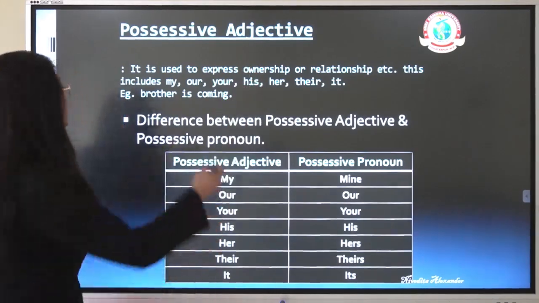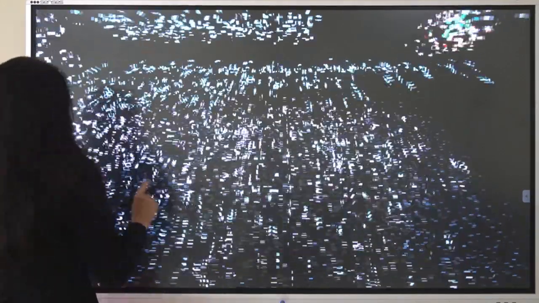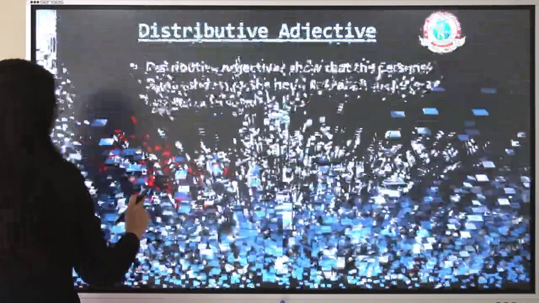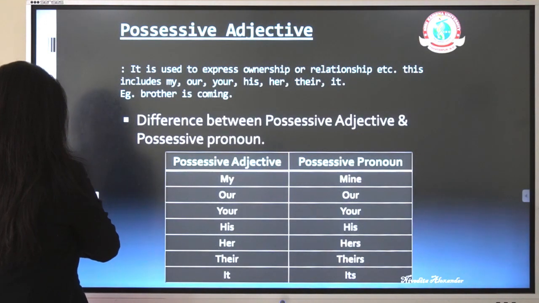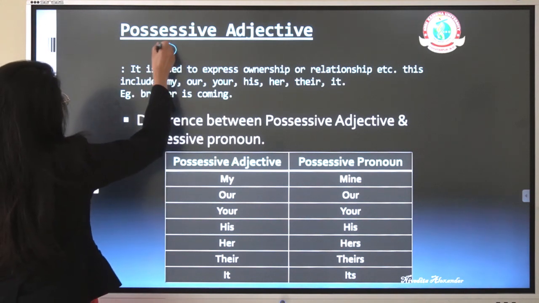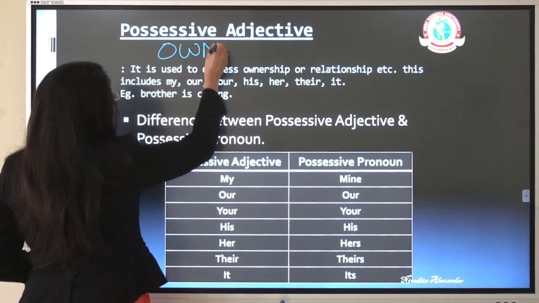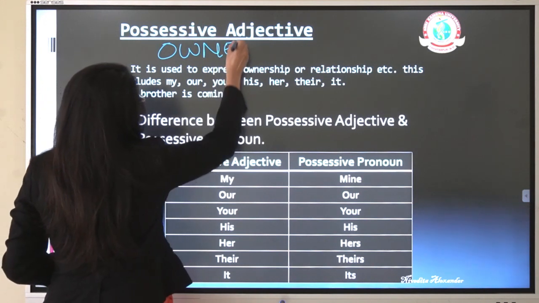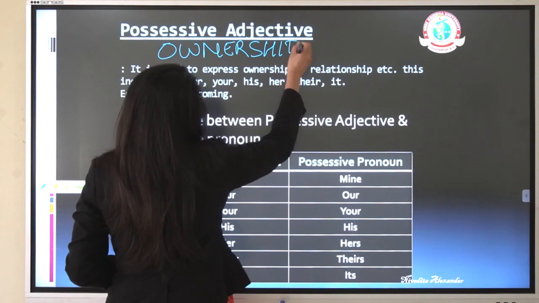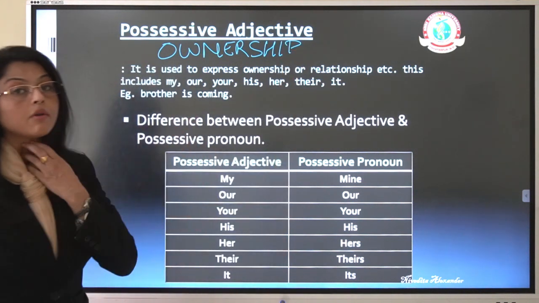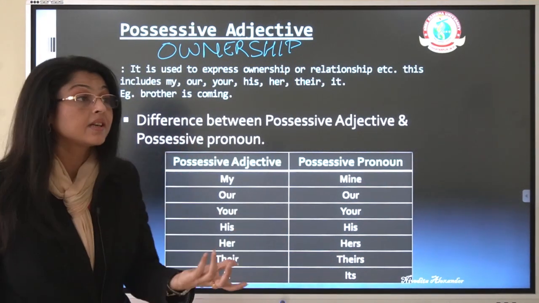Possessive, I always told you, possessive means ownership. Possessive always means ownership. Whose thing is that?